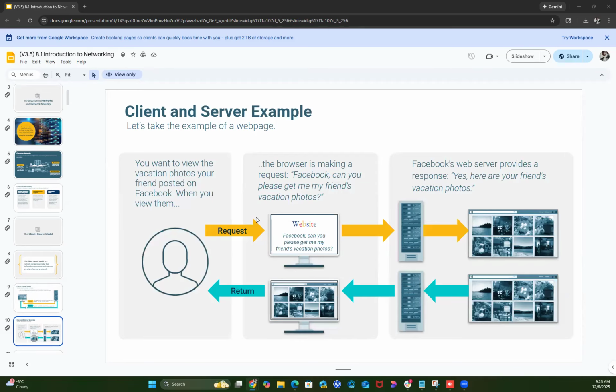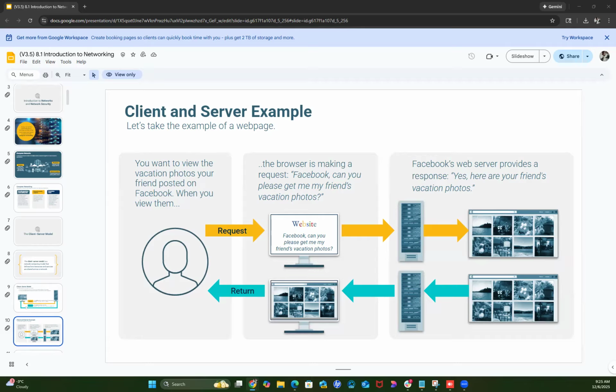So again, this is Facebook. You want to view the vacation photo your friends posted on Facebook. When you view them, you click to request the website. The browser is making a request to Facebook: can you please get me my friend's vacation photos? Then this request goes to the server.